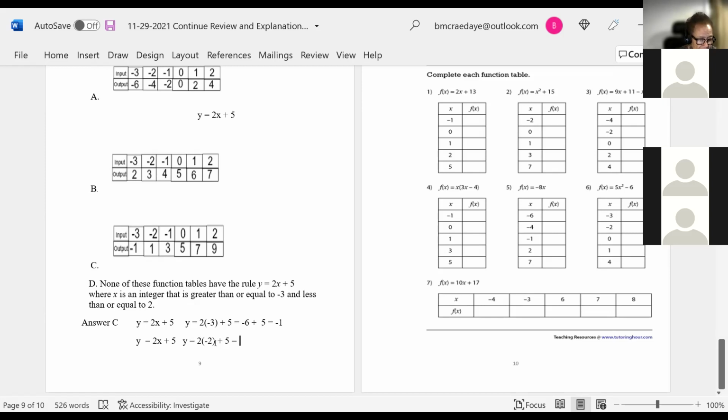What does that equal? It's negative 4. Negative 4, that's right. Now, what's a negative 4 plus 5? What does that equal to?